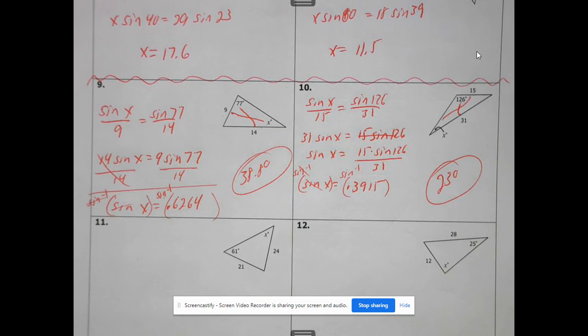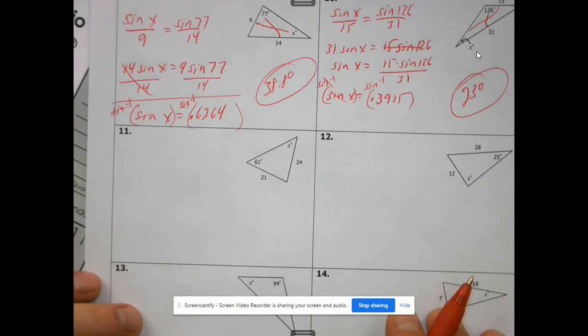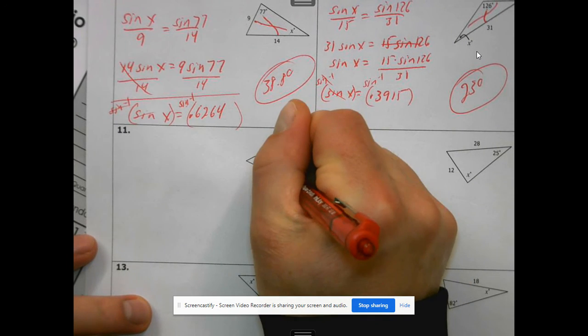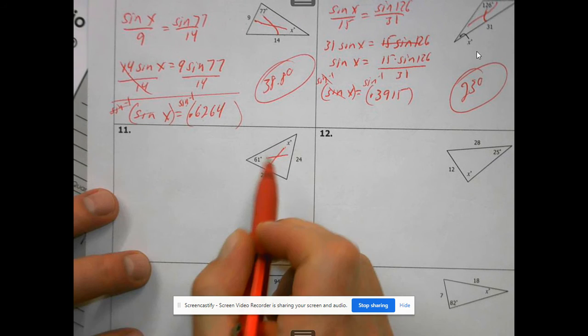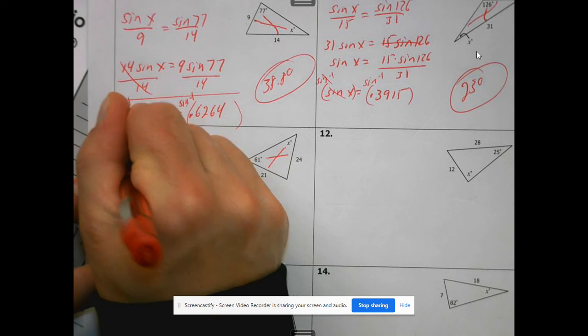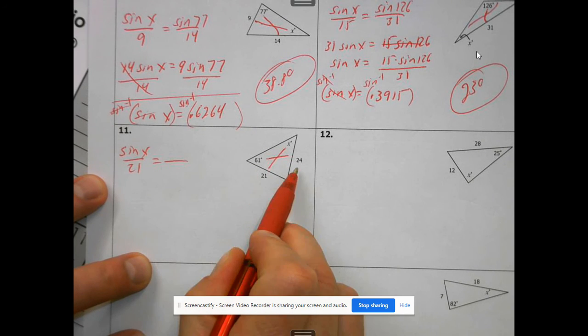All right, next 4, I'm not going to show all of my work, but hopefully you can figure out how to type it in with numbers 9 and 10. So a little quicker now. X and 21 go together. 61, 24 go together. Sine of x over 21 equals sine 61 over 24.